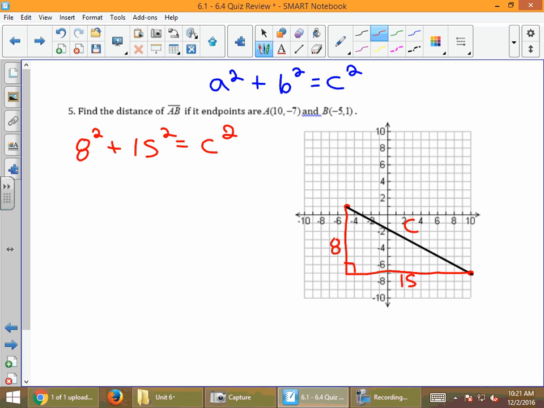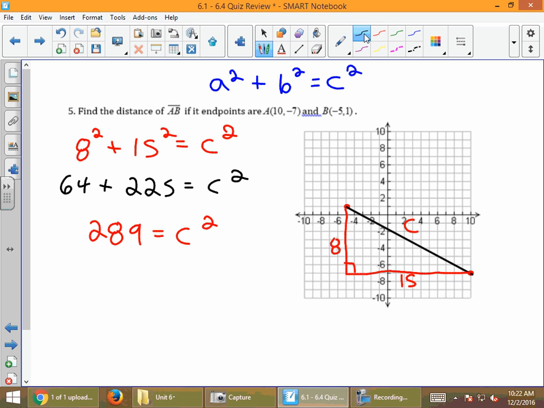Let's simplify. 8 squared is 8 times 8, which is 64. Plus 15 squared is 225, equals c squared. Combine these together: 64 plus 225 gives me 289, equals c squared.